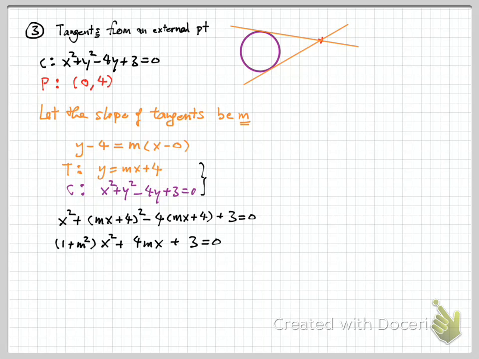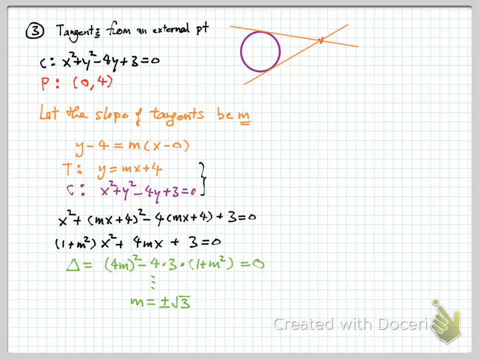Since we know the discriminant is 0, delta is b squared minus 4ac, and this is 0. It can be simplified, and we have m equals plus or minus square root 3.